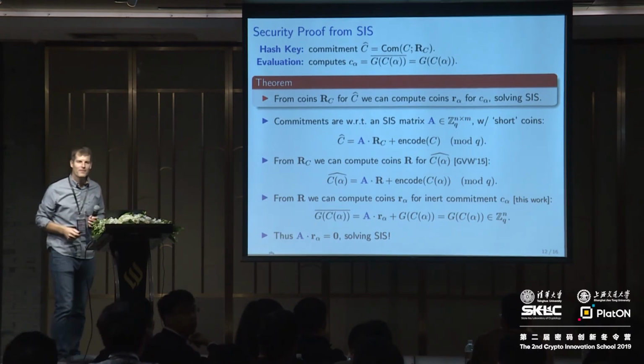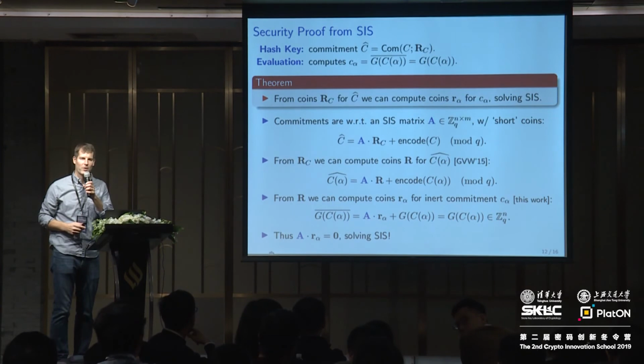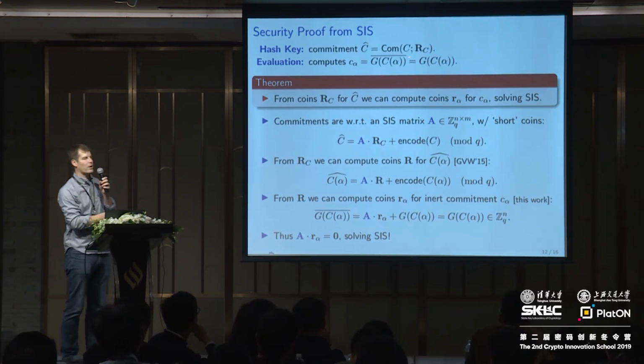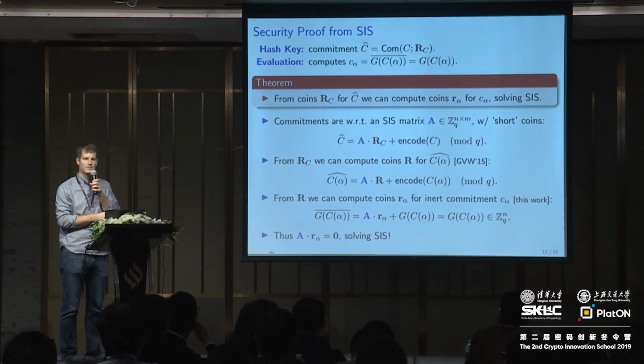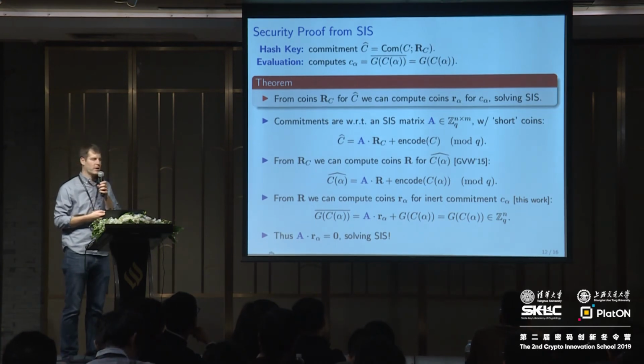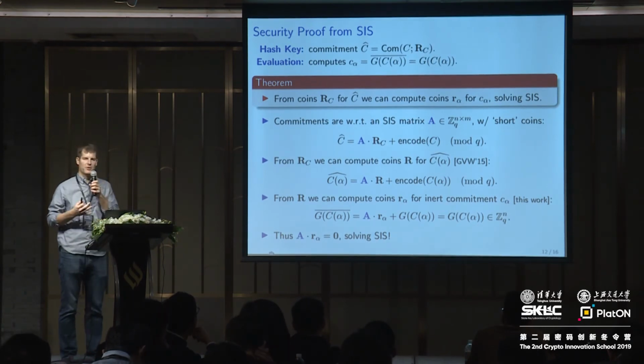How can we make sure that the coins are short? Is that the question? Yes, okay. The original coins are short by construction. And what Kotek showed yesterday is that the coins evolve such that they remain relatively short.